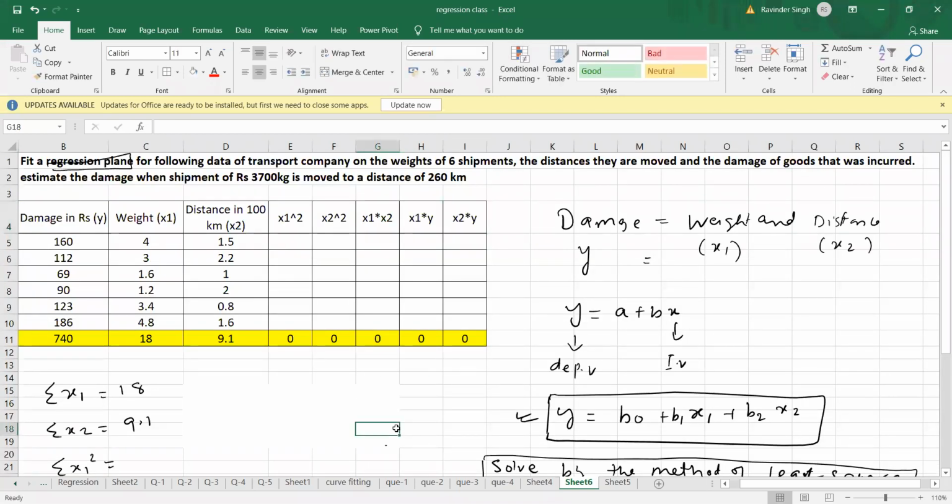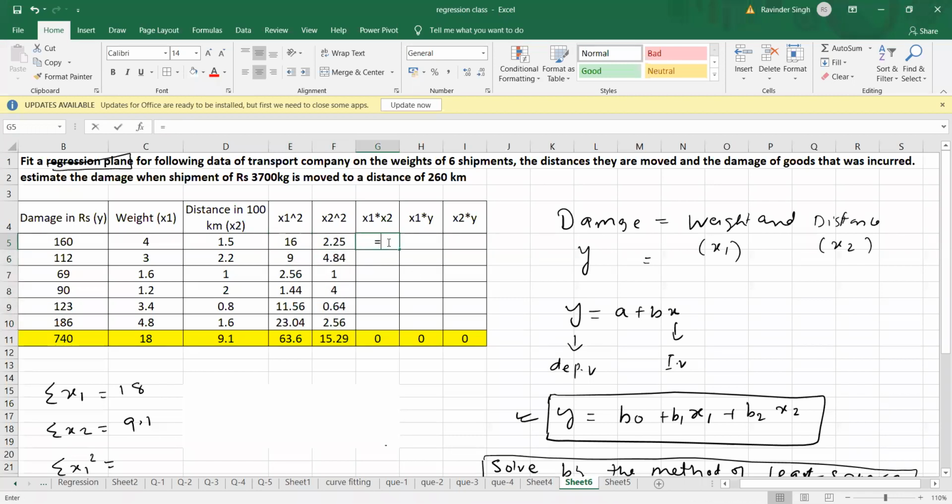This much of data I need to find. For x1 square, you just take x1 and square, and drag this. This will be x2 square, which will automatically take x2 square. So I will just drag this down.